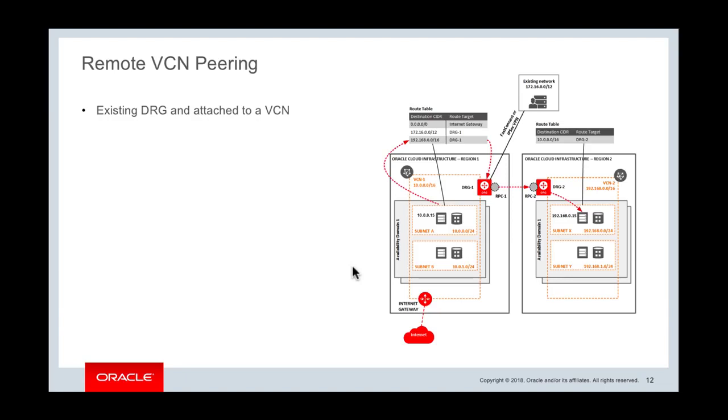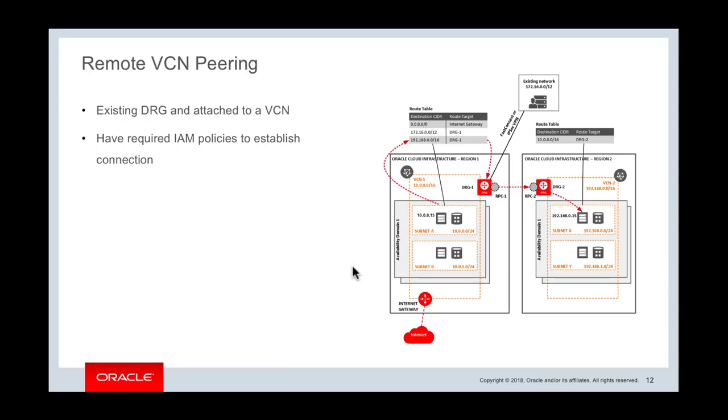The first step is that you already have a dynamic routing gateway within each region, with an attachment between the virtual cloud network and the DRG. Once the DRG and VCN are connected, you can go ahead and create the remote VCN pairing.